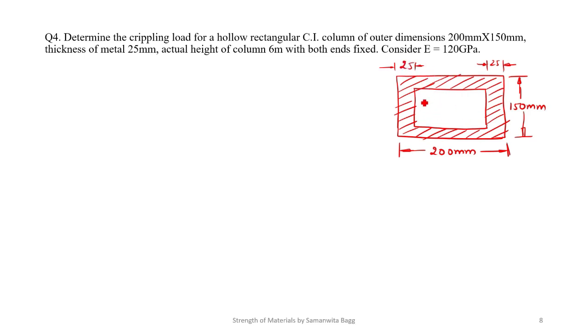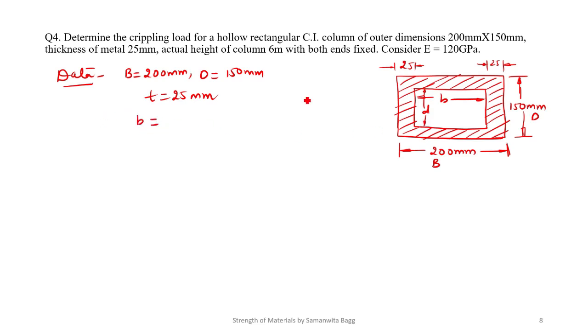Okay, now let me call this capital B and this capital D. So capital B is given as 200 mm and capital D is given as 150 mm. The thickness T is given as 25 mm. Now suppose I want to calculate the inner dimension small b and this depth small d.